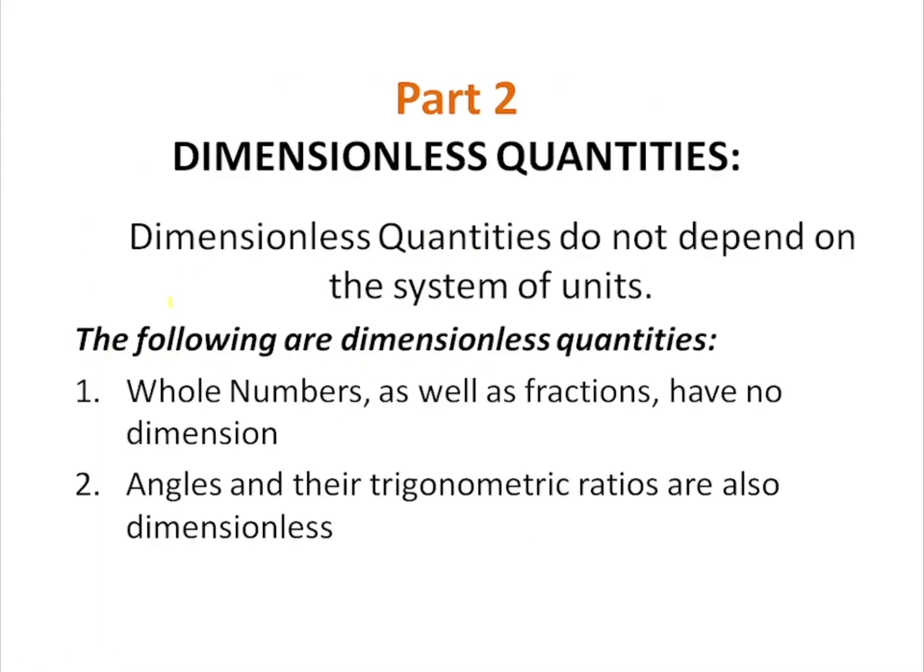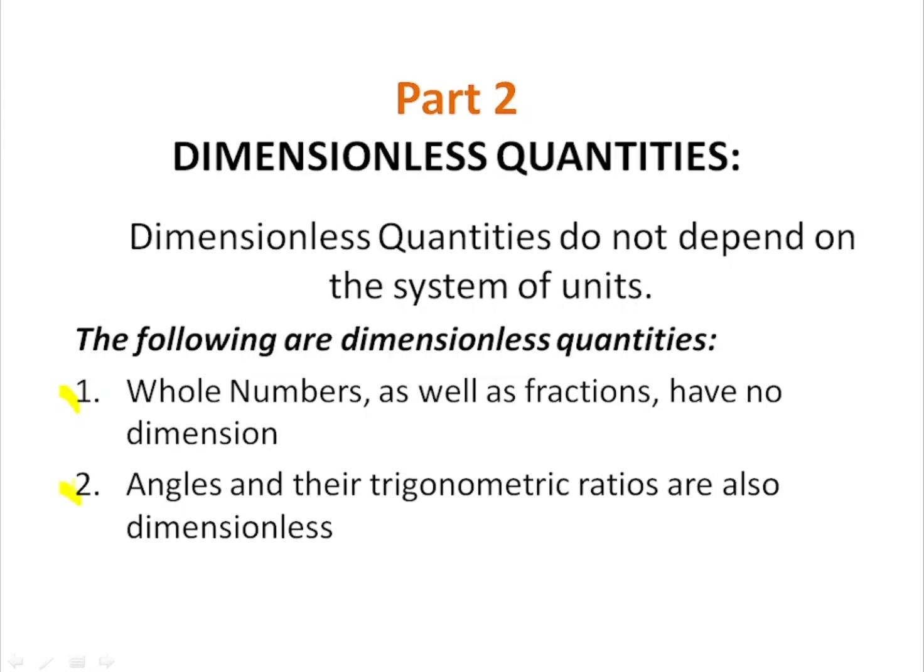Part 2. Dimensionless quantities. Dimensionless quantities do not depend on the system of units, so they are dimensionless. The following are dimensionless quantities. 1. Whole numbers as well as fractions have no dimension.